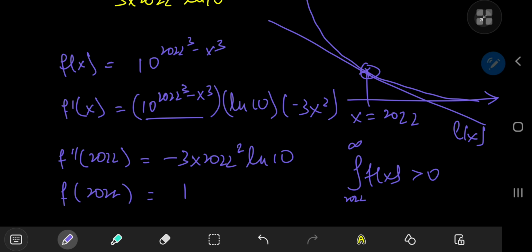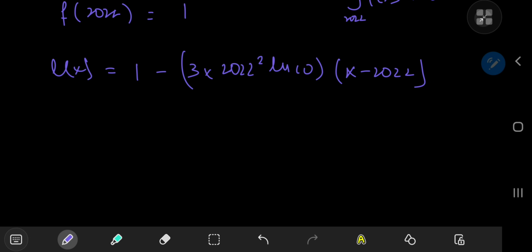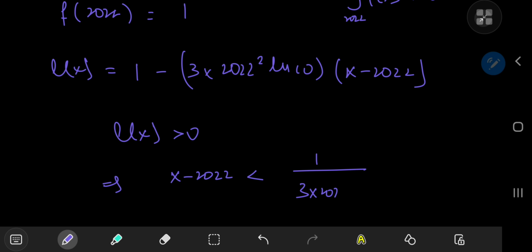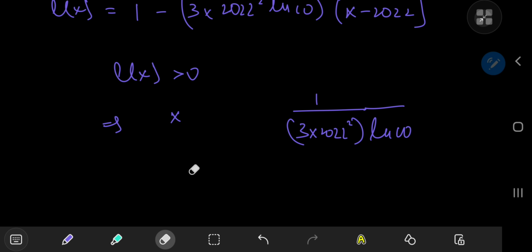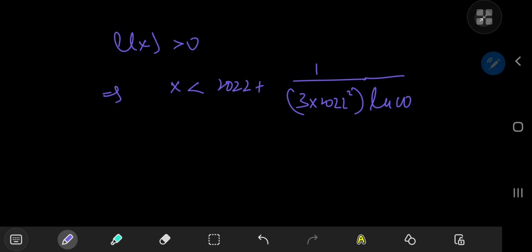We'll only need the part that's positive. So L of x being greater than 0 implies that x minus 2022 should be less than 1 divided by 3 times 2022 squared times log 10. Okay, cool. So that means x is going to be less than 2022 plus this thing.